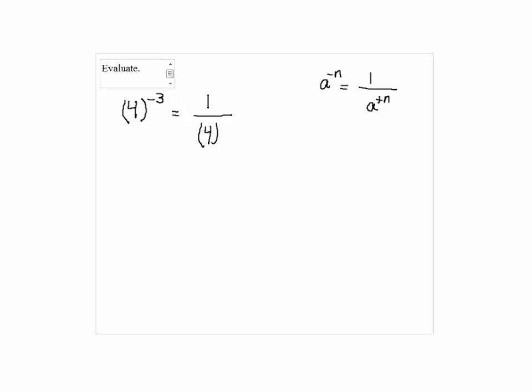So here our base is 4, our exponent is -3. We can make the -3 to be +3 by writing this as 1 over 4 to the power of 3. So it would be 1 over 4 times 4 times 4, which is 1 over 64.